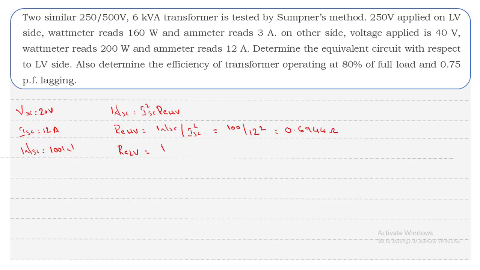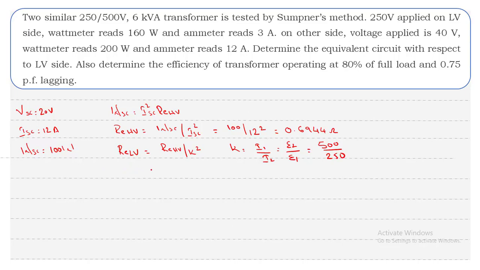The equivalent resistance referred to LV side. Hence, let me convert this into LV side, and it is given by K square, where K is transformation ratio. K is equal to I1 by I2, and that is also equivalent to E2 by E1. And we know the values of E2 by E1 as 500 by 250.